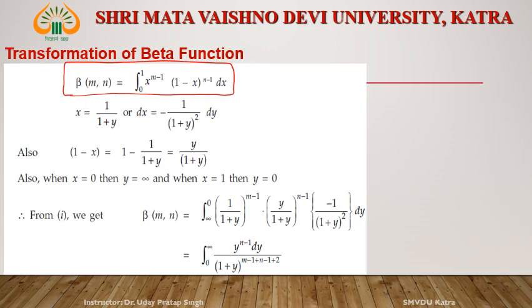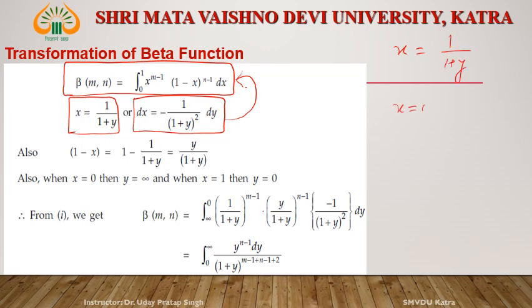Let us apply one transformation. x is equal to 1 upon 1 plus y, then dx is equal to this one. Now putting the value of x and dx in this integral, see the limit. If x equal to 0, then y is equal to infinity.